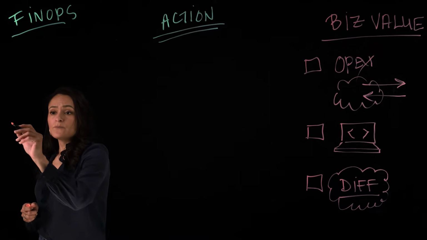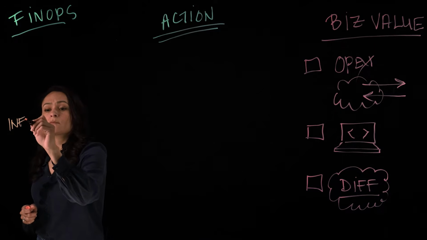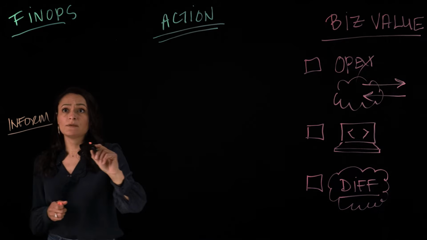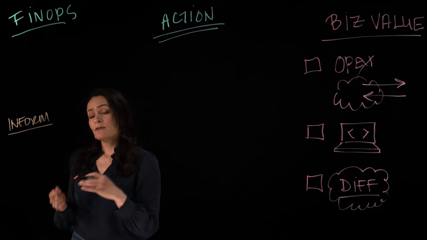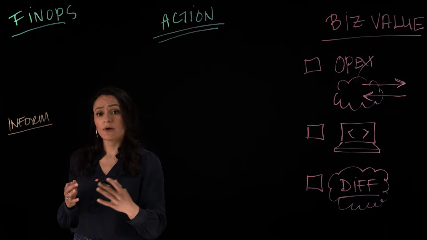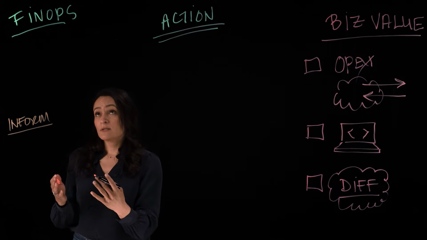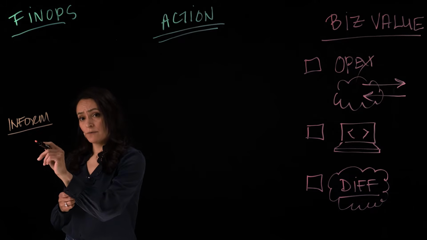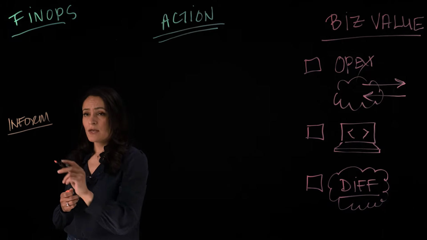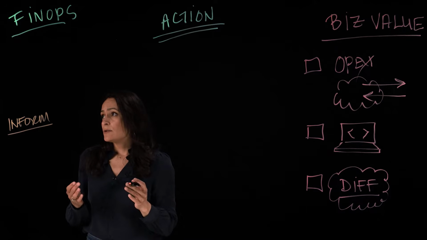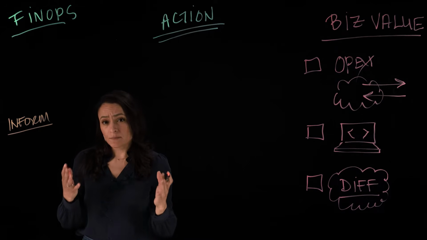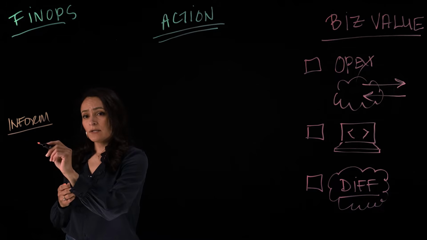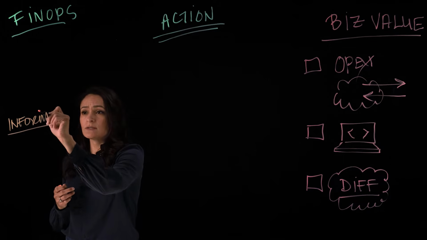For FinOps, though, there are 3 phases the FinOps Foundation has identified. 3 phases that organizations go through as they are adopting these best practices in order to get that business value out of the cloud. The first one is inform. This is about giving teams the visibility, showback, chargeback, reporting, visibility to make smarter spending decisions.